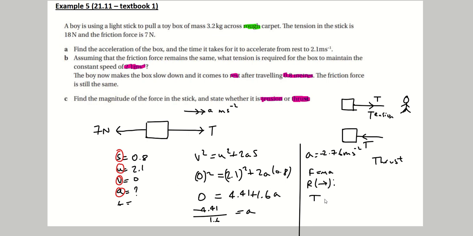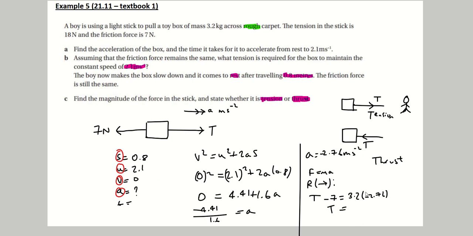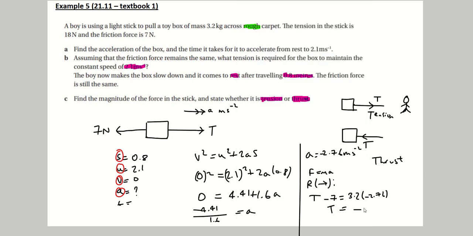So I'm going to use T minus 7 is equal to ma, so 3.2 times this acceleration we found out. If I work that out, I will get T is equal to 3.2 times minus 2.76, and then I'll add 7, and I get minus 1.82.